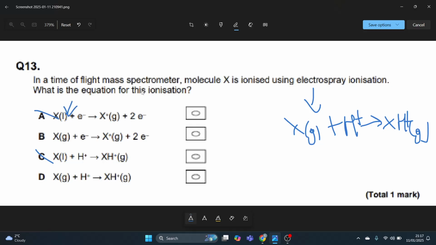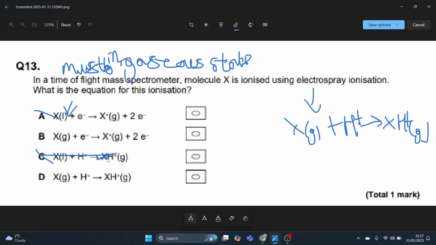Remember, for all of these, the ions must be in gaseous state. So if you knew that key fact, then you can eliminate C and A, and then you're left with B and D, and then you'd probably have to guess. Or you could just memorize the equation and be able to spot it. So 13D.